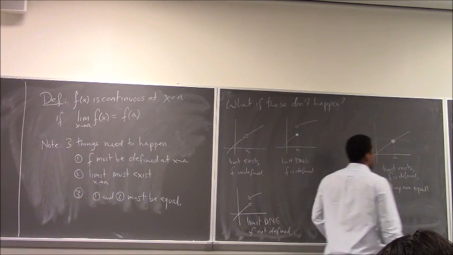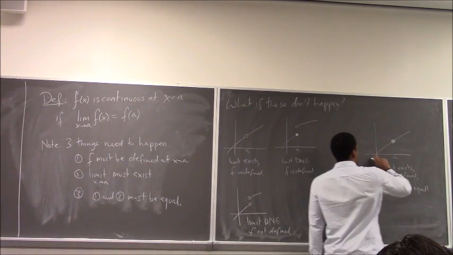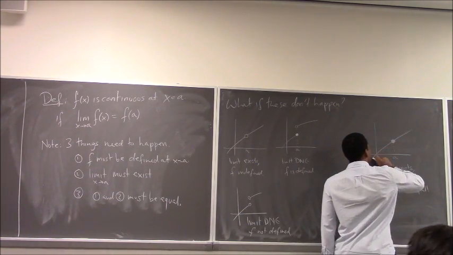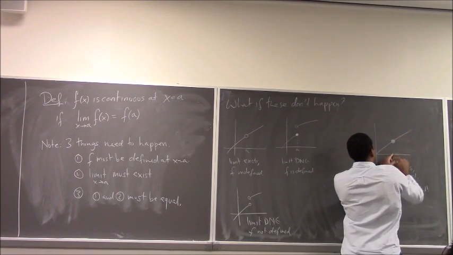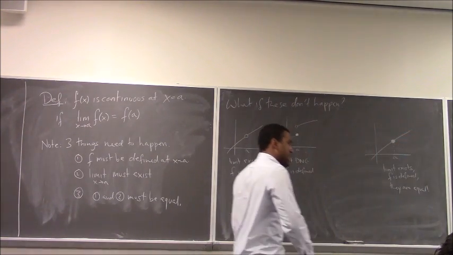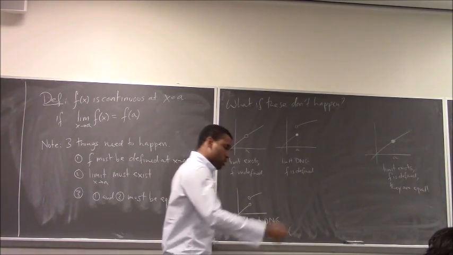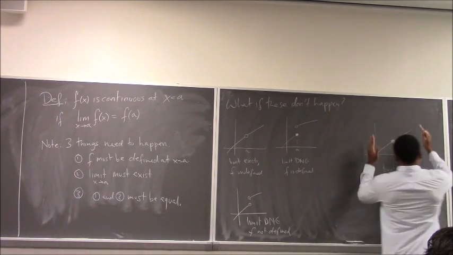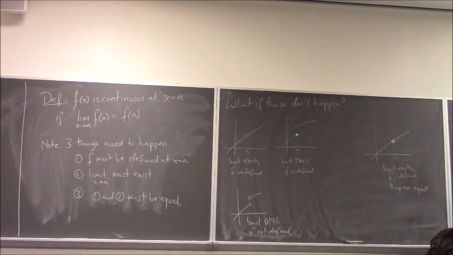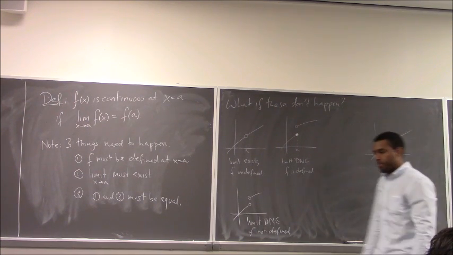So in that case, everything is one fluid, smooth, continuous motion. Limits are existing. Anything that might have been a gap is filled in. You can draw it without lifting your pencil off the paper. So this is the standard. This is what it means to be continuous, and you can talk about that in terms of limits and what the function is at that point.